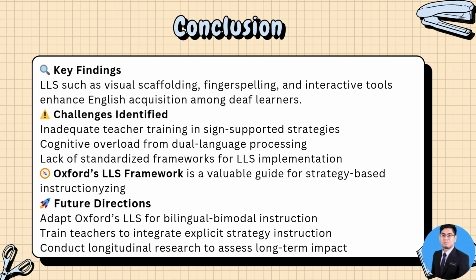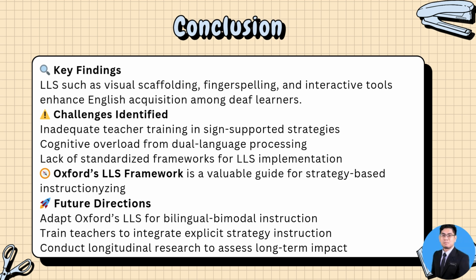For the conclusion, this systematic literature review has shown that strategies such as visual scaffolding, finger spelling, and interactive tools can effectively support English acquisition for DHH students. However, their impact is often constrained by challenges, including insufficient teacher training, the cognitive complexity of sign-supported instruction, and the absence of standardized LLS-based frameworks tailored to DHH education.